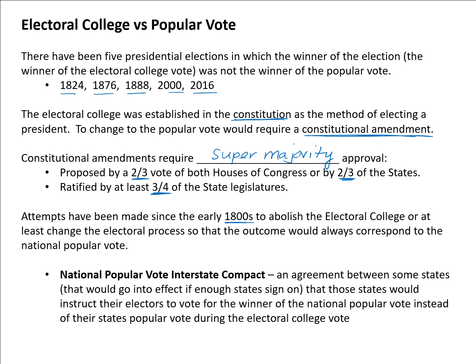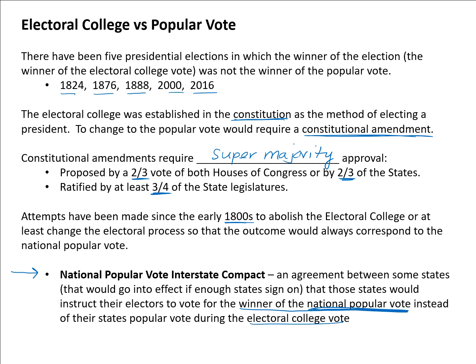But the most recent attempt, instead of a constitutional amendment, is that some states have entered into an agreement, what we call the National Popular Vote Interstate Compact. This is an agreement that some states have made among themselves, that they would instruct their electors to vote for the winner of the national popular vote instead of their state's popular vote in the Electoral College.